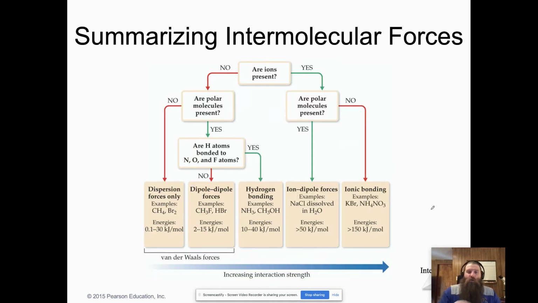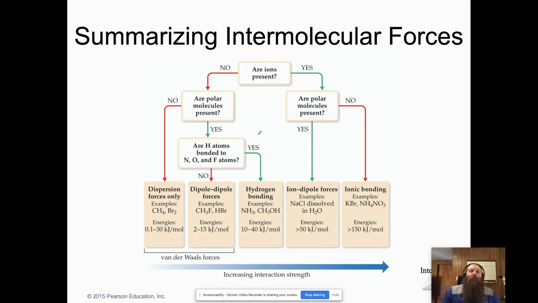Okay, so let's look at a summary table. The weakest are on the left, our van der Waals forces. Our strongest are on the right, ion-dipole, and then actually ionic bonding. Okay, so ionic bonding falls under the intermolecular force of attraction because it's an electrostatic thing. Now, if you want to figure out which force is at play, follow the flow chart.